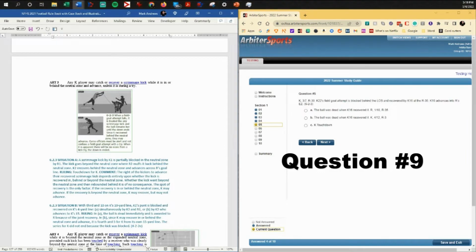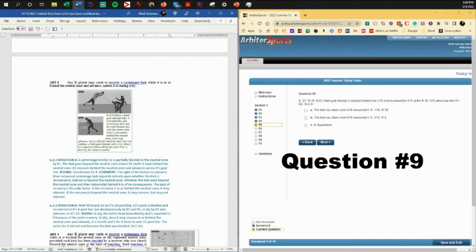Question number 5. K, 3rd and 7 at the R30. So they're 30 yards away from the end zone. K22's field goal attempt is blocked behind the line of scrimmage and recovered by K16 at the R35. K16 advances into R's end zone.